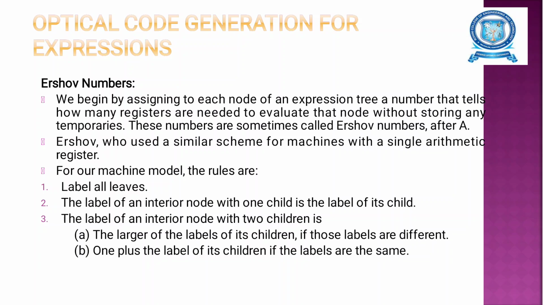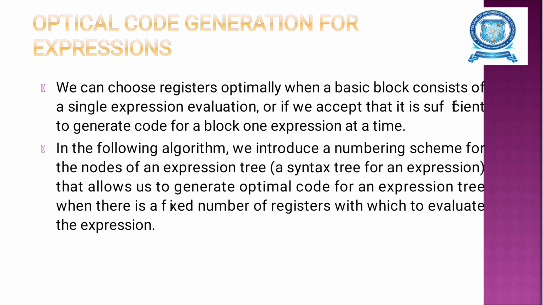The label of an interior node with two children has two options: the largest of the labels of its children if those labels are different, or if the labels are the same, 1 plus the label of its children. So we can choose the registers optimally when the basic block consists of a single expression evaluation.